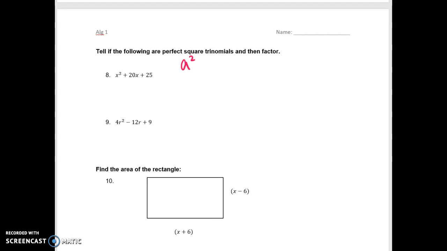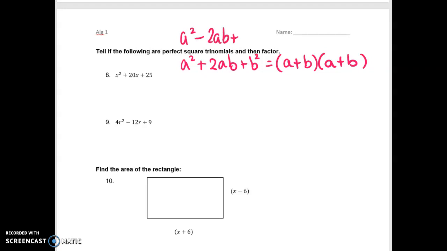It would have a squared plus 2ab plus b squared, and that would equal a plus b times a plus b. Another version would be a squared minus 2ab plus b squared, and that would equal a minus b times a minus b. So those are the two forms.